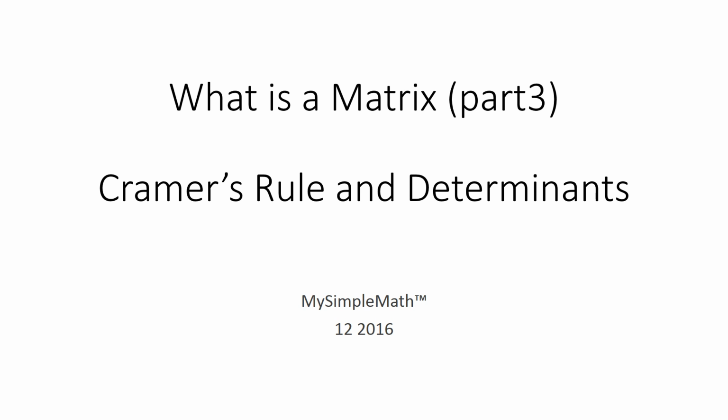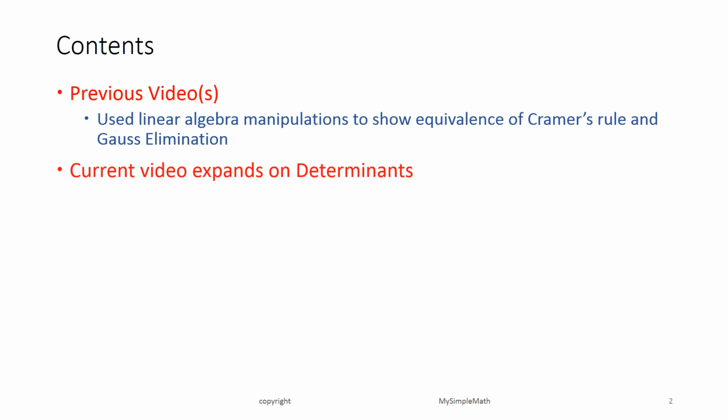Let's continue our past work with matrices. In this section, I'll show some algebra of matrices and expand upon some properties of the determinants. Contents. In previous videos, I showed the equivalence of Cramer's rule and Gauss elimination.